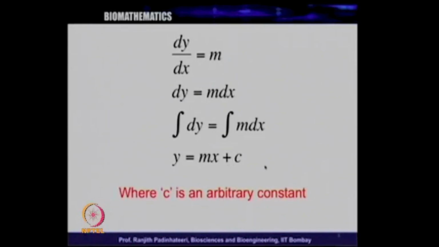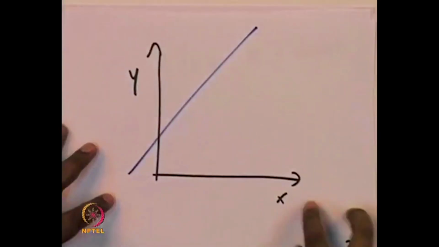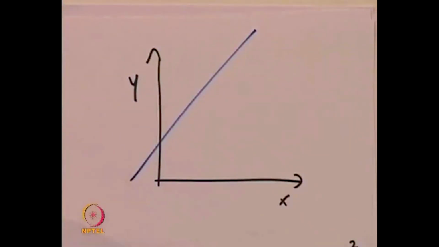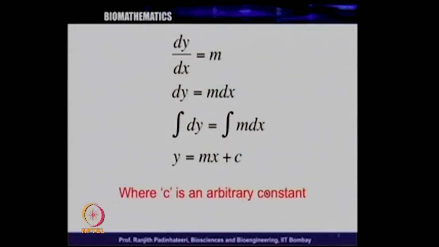You know that y equal to mx plus c is a straight line, and the one we drew here is a straight line, and this is basically the answer. But as in the slide here we say that c is an arbitrary constant. So, c could be anything, c could be 0, 1, 2, 3, minus 1, minus 2, minus 3, anything.